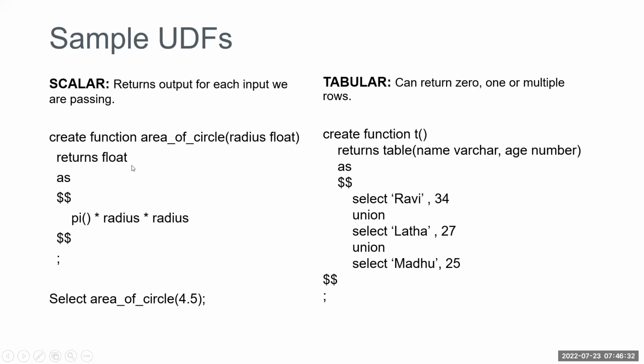That's why I mentioned returns float, and this is mandatory. You have to put all your code in the double dollar symbols. So it's like create function, function name, returns float as, and then all your code in the double dollar symbols. At the start and at the end you have to mandatorily mention these symbols, and whatever code is inside is the code you are executing.